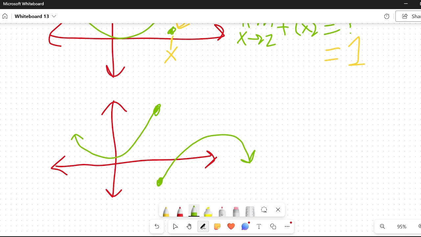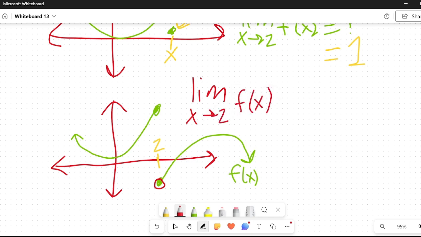Something like that, and actually this will be a hole. But let's say this is the function f of x, and we are at x equals 2. So let's say we're trying to evaluate the limit as x approaches 2 of f of x.